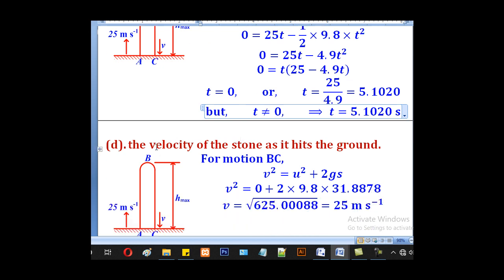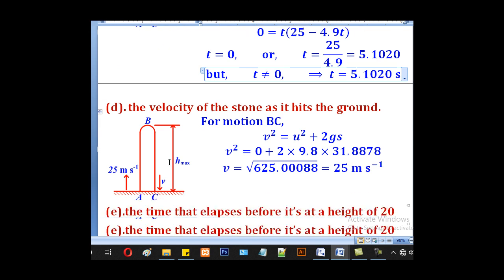Part D, find the velocity of the stone as it hits the ground. So as it hits the ground, they want this velocity. So we shall consider motion from B to C. From B to C, it means that initial velocity is 0, final velocity is v, which you want, and the displacement is h max.